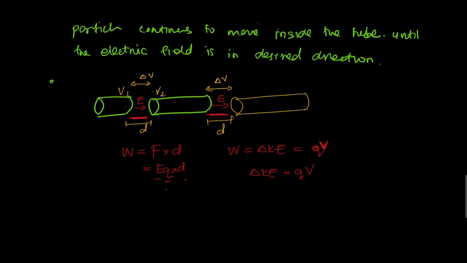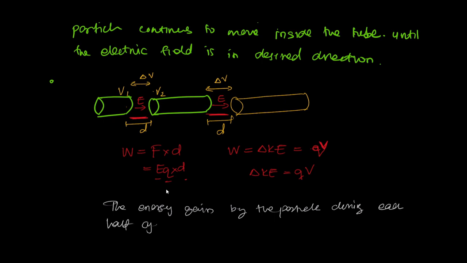So we can say the energy gained by the particle during each half cycle is delta kinetic energy, which is equal to QV.